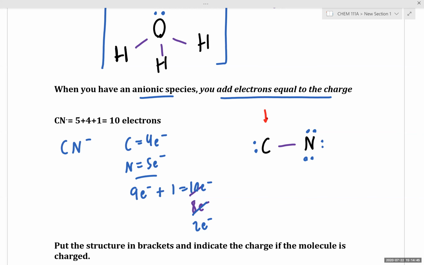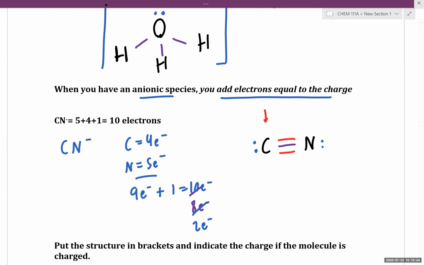No. So how many additional bonds does carbon need? 2. So we're going to take 2 of our lone pairs and convert them into 2 additional bonds.